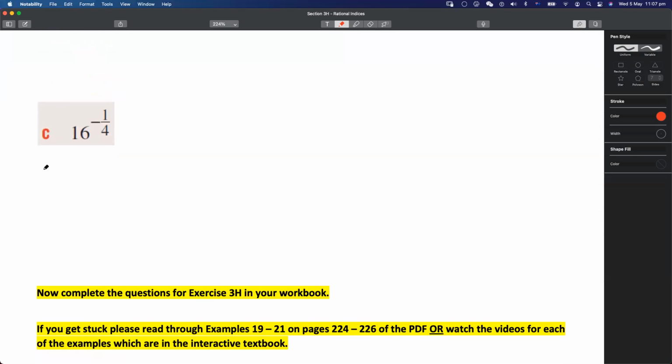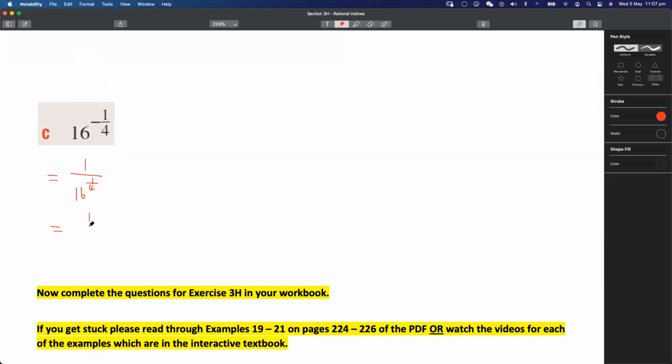Okay, last example, 16 to the power of negative 1/4. From last section 3F, we know we don't want negative indices. So let's convert it to positive indices first. You see the negative sign here, so we flip it. It becomes 1 over 16 to the power of 1/4.